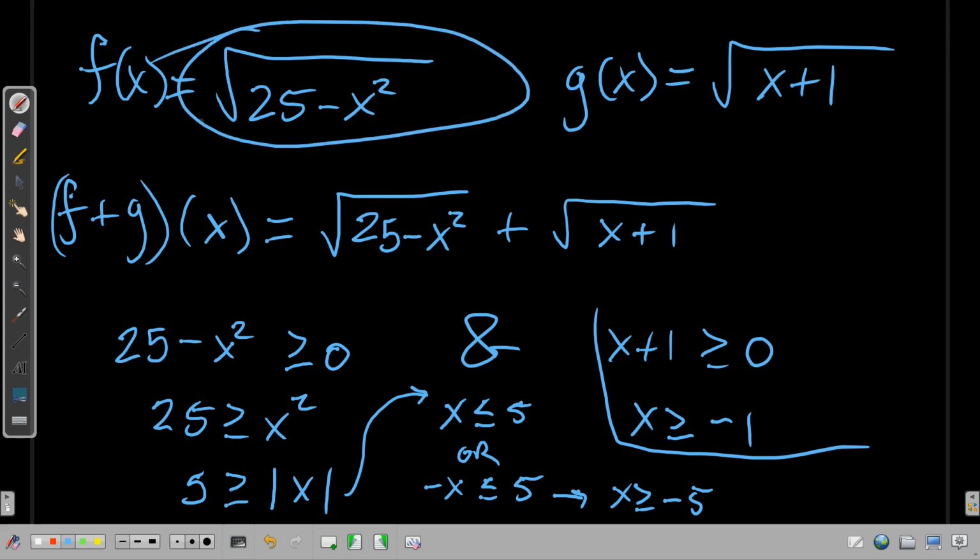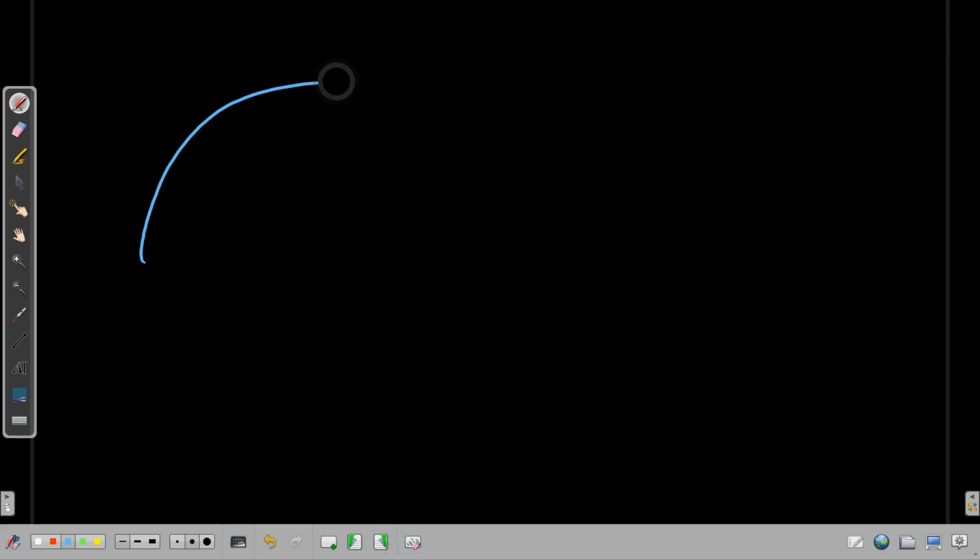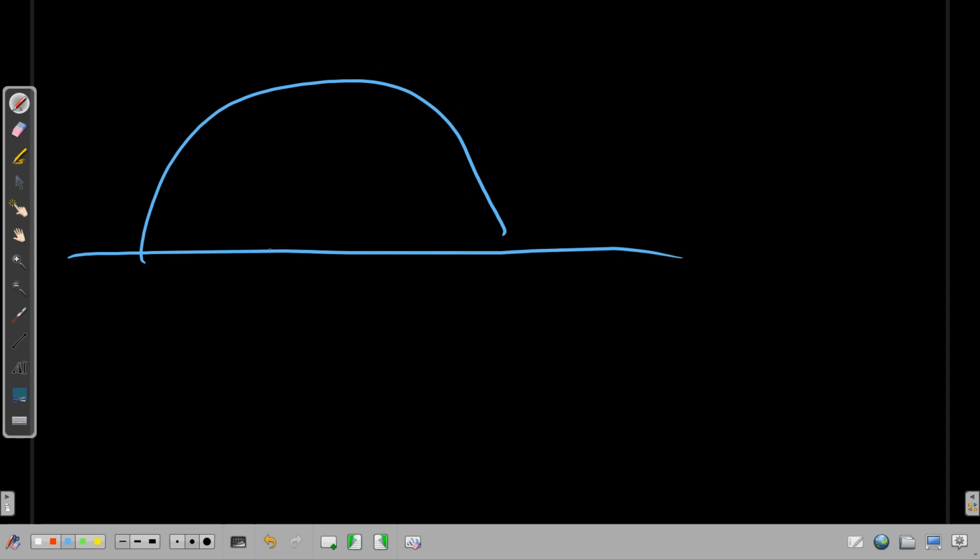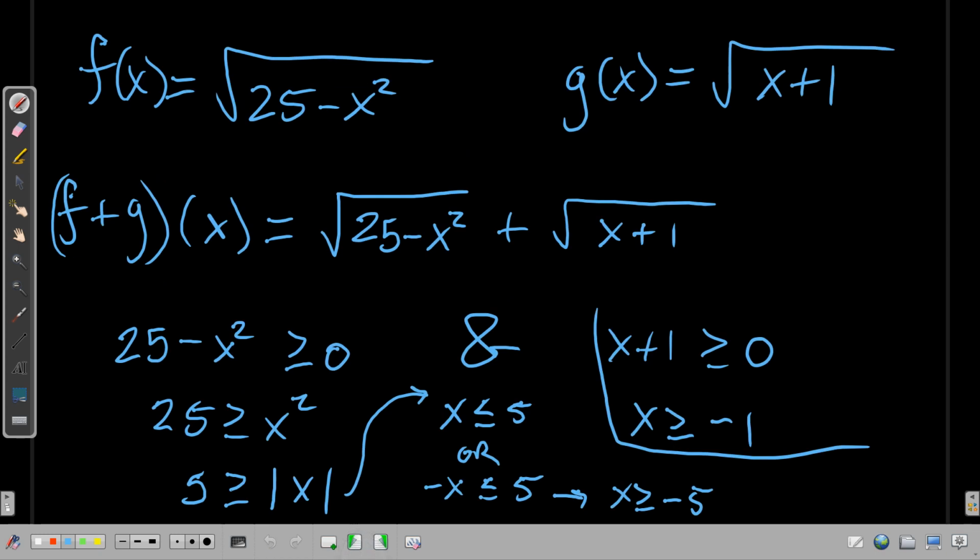This function right here is just the top half of a circle with its center at the origin, and there's minus 5 and there's positive 5, and this is all of the domain values that that function would have, and that's expressed by it must be less than 5 and greater than minus 5.